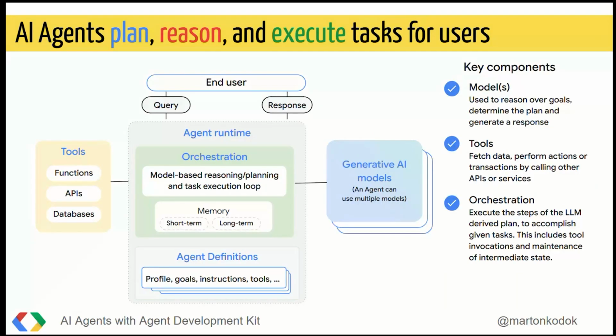When we talk about an agent itself, there are many elements, and let's set the language jargon when we talk about some stuff. So first of all, we have the end user. We have a query, we have a response. The query refers to the ask itself. We have the agent runtime, which has access to generative AI models.